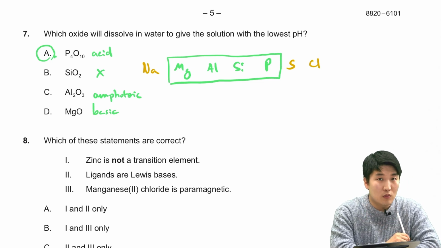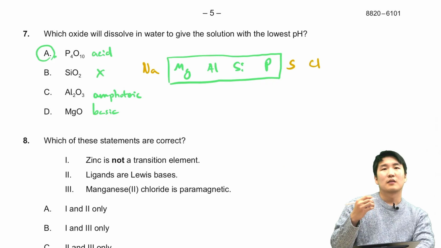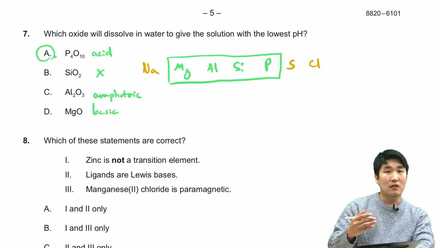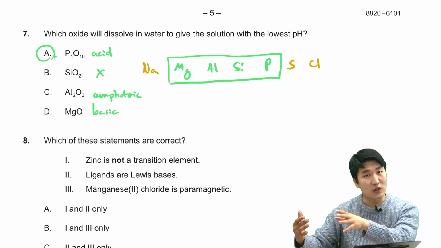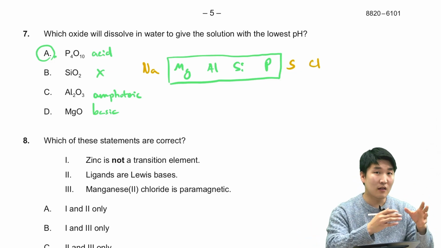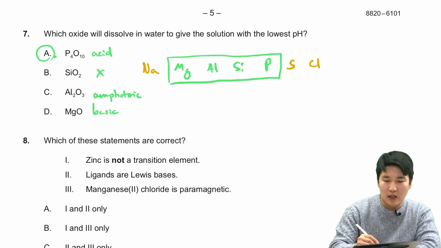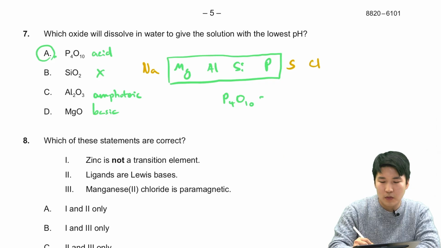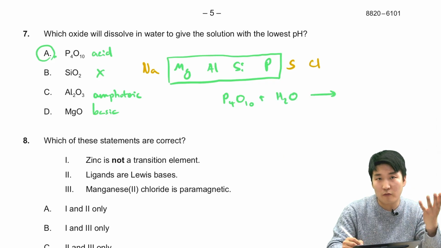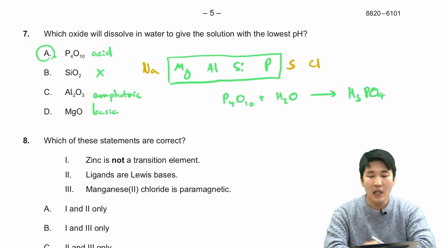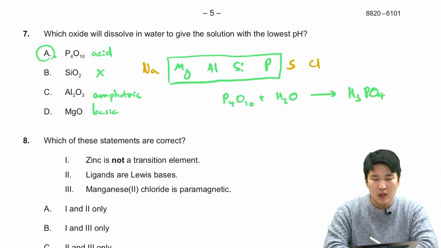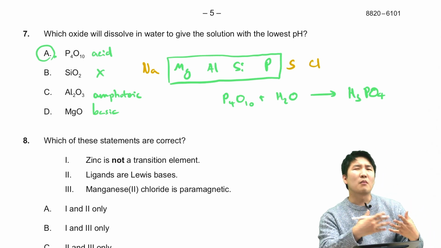You do need to know how to represent how P4O10 reacts with water to become acids, which can be indicated as P4O10 plus H2O turning into the acid form of P4O10. What is that? It's phosphoric acid, H3PO4. All we now have to do is balance numbers.